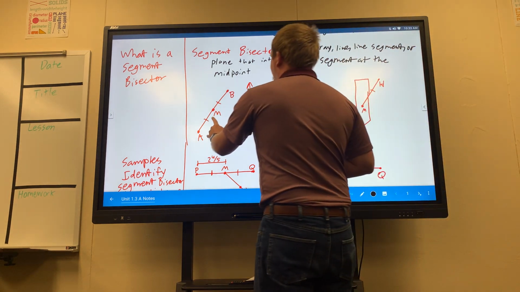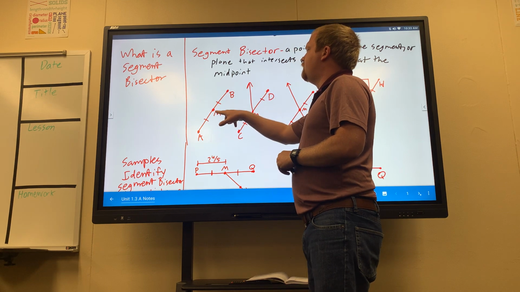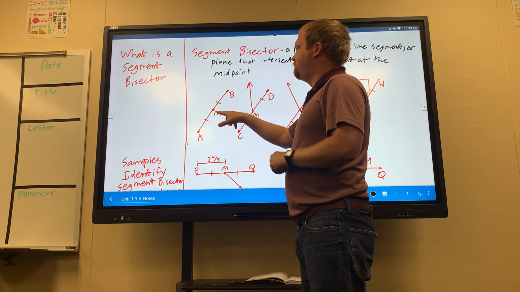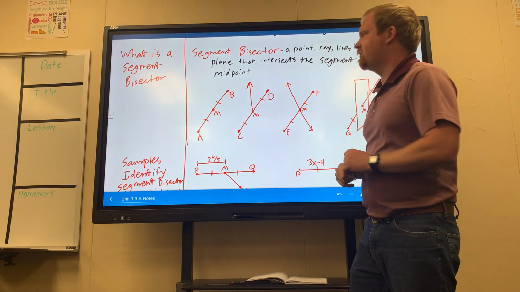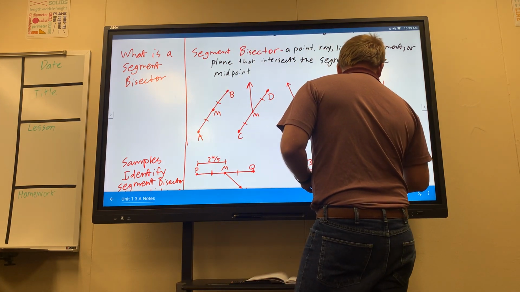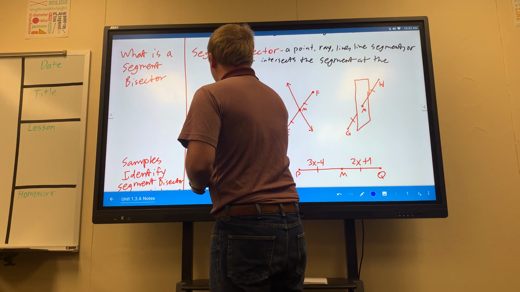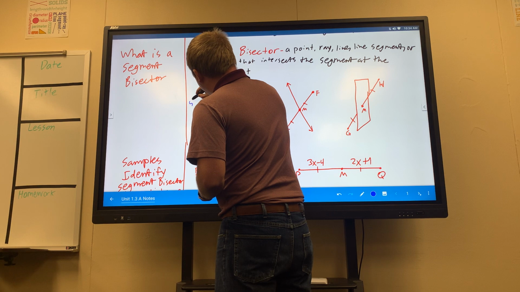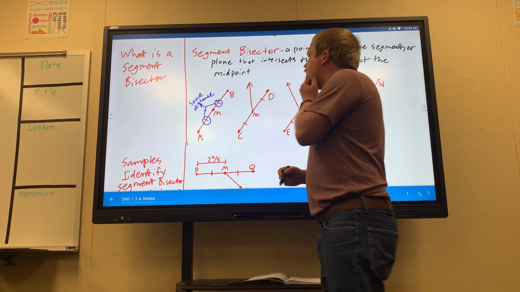Whatever we use to make a midpoint, that's a segment bisector. So here's one example. You see this sample segment AB, point M here. This point is a segment bisector. So we've got a point as a segment bisector. Now I want you to notice these real quick. You don't have to write this, but what this tells you is that these are the same distance. It'd probably be good to write it down.